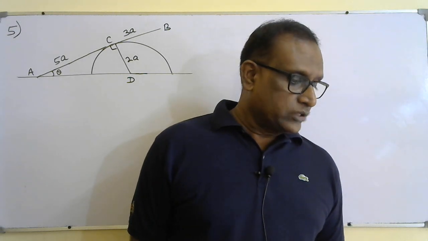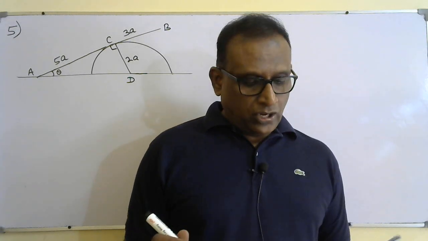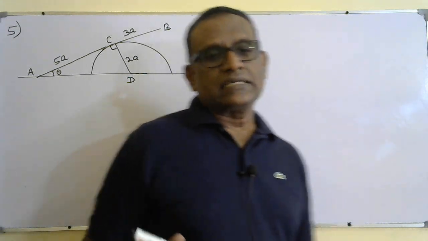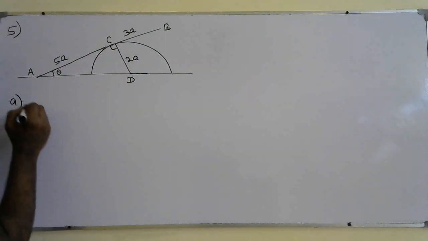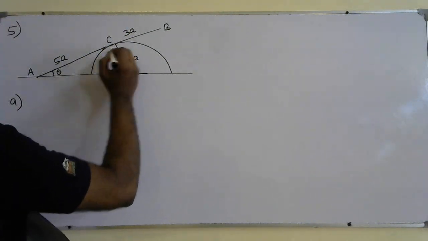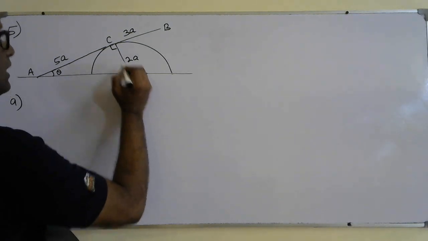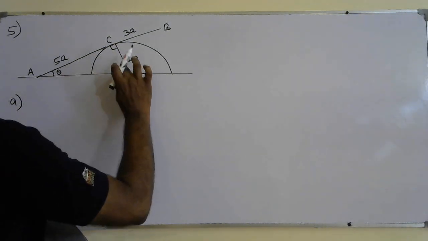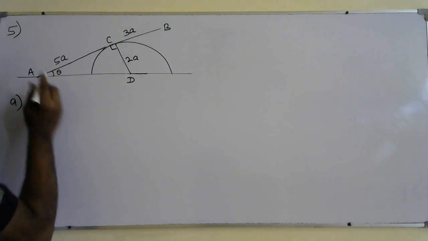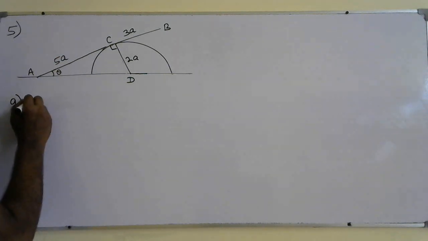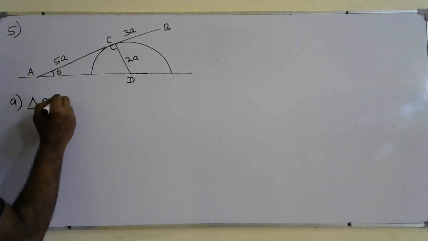The question is show that AD equals square root of 29A. ACD is a right angle triangle because this is a radius, D is the center, so it's going to be perpendicular to the tangent. So we can use Pythagoras theorem. We'll consider triangle ACD.